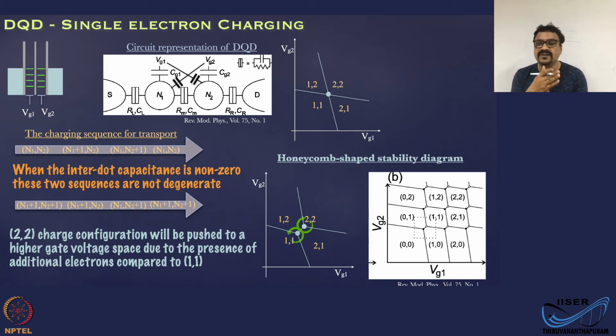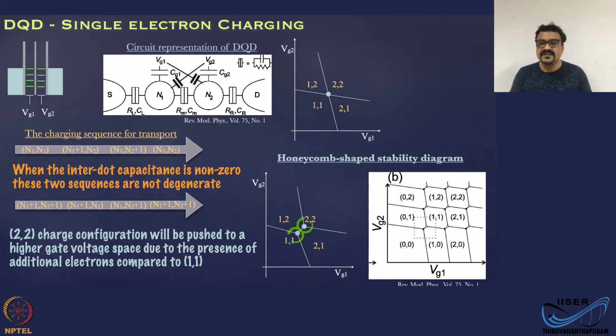They can never be at the same point. They will be shifted. They will be pushed. That means 2-2 can happen only at a slightly positive gate voltage compared to 1-1, because that has an overall negative charge. That means that charge configuration can be pulled to the transport regime only by the application of more gate voltage, or making the gate voltage more positive.